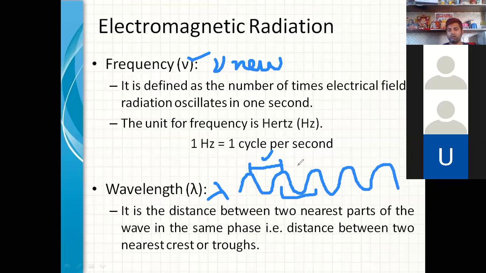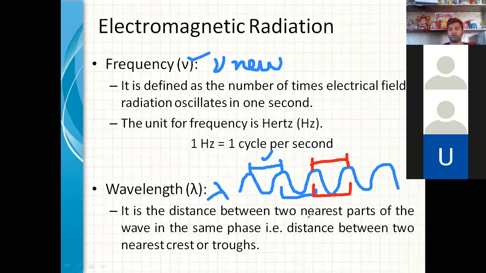This one. Did you understand? The distance between these two crests, the distance between two nearest crests or troughs, is the wavelength. So what is the wavelength?